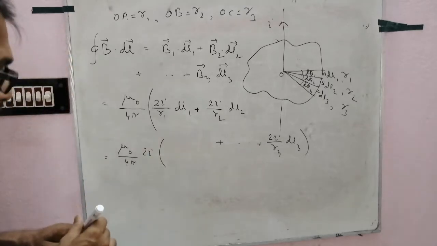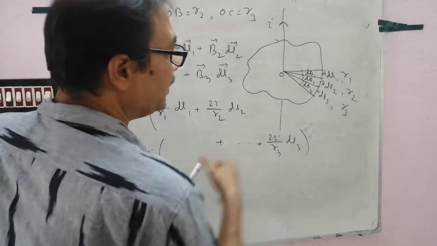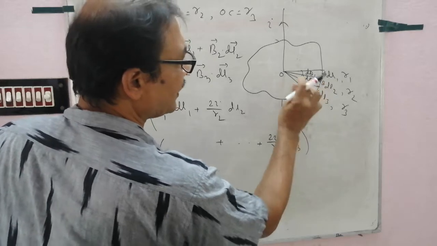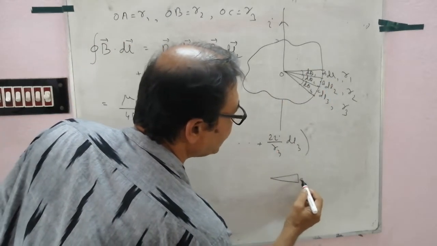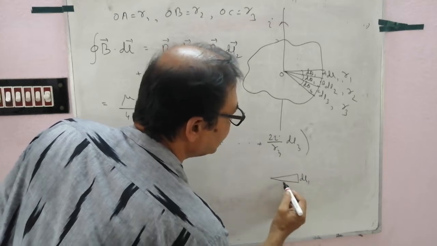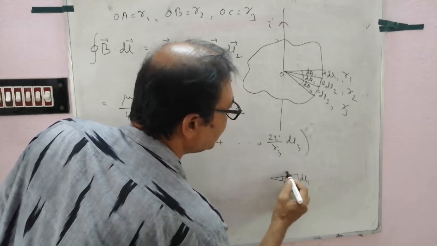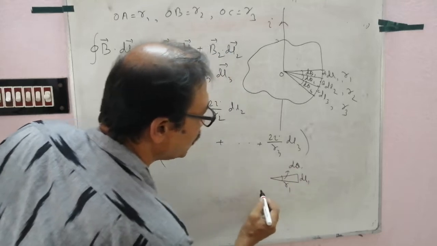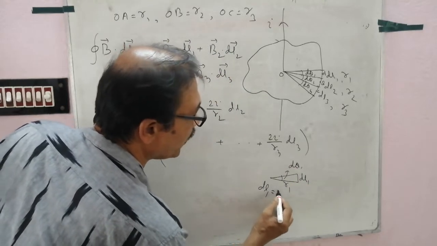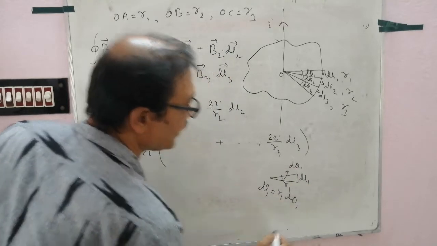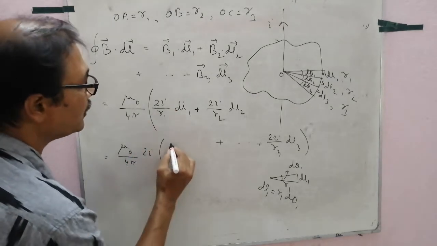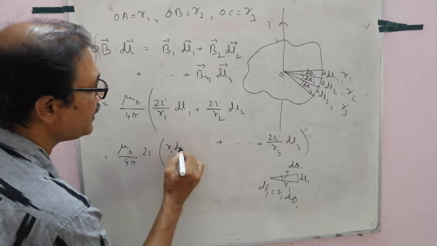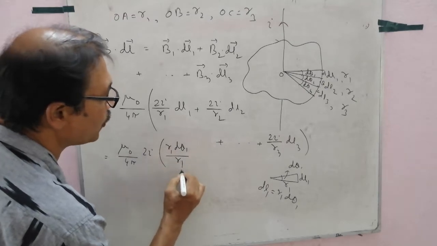Follow. What is DL1? DL1, from this small triangle, I draw separately here. This is DL1, this is R1, this is d theta 1. So DL1 equals R1 d theta 1. Clear? So 2 R1 d theta 1 by R1.